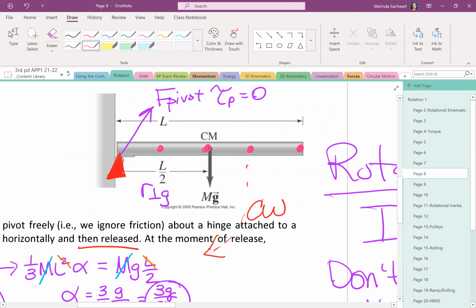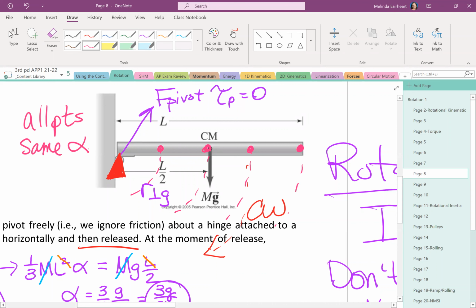Each point is going to rotate down, yes? Each point is going to sweep the same circle, if you will, in the same amount of time. And so each point has the same alpha. That's the first concept. Same alpha. So all points, same alpha.